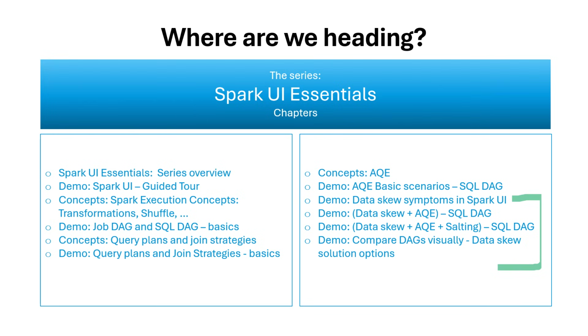And we won't stop at just one salting technique. We will look at examples of salting every key as well as salting hot keys only. For each of these examples, I will walk you through the corresponding SQL DAGs and show you what has changed, and more importantly, why it has changed. This is really the destination of this series.